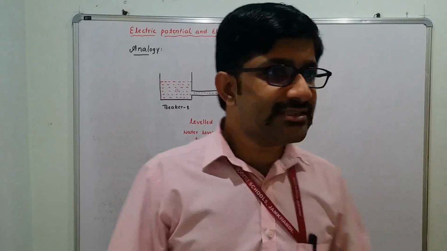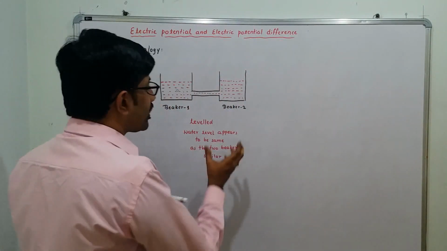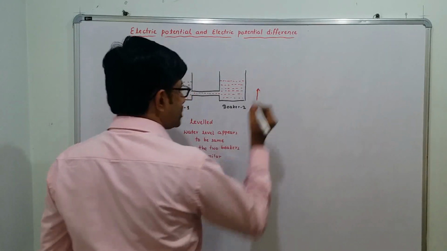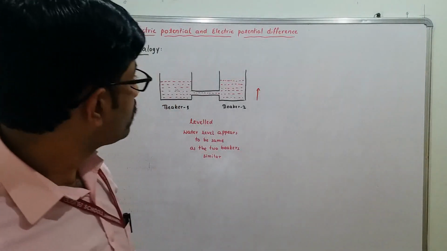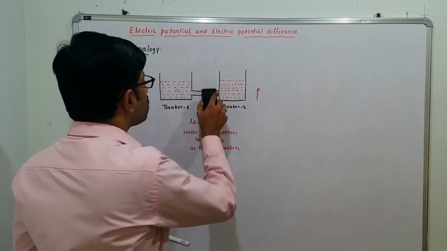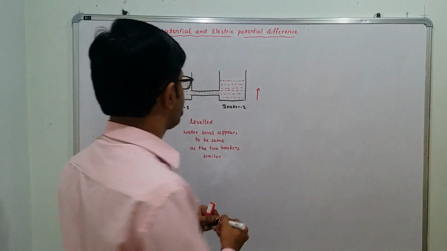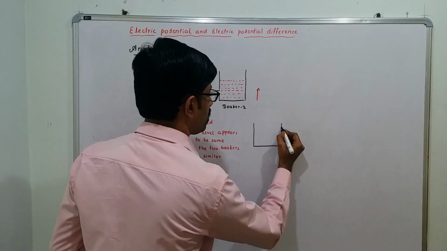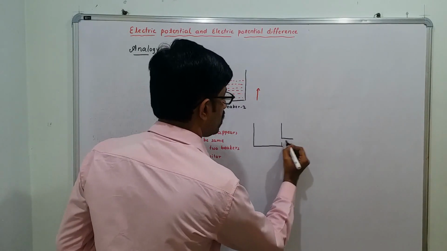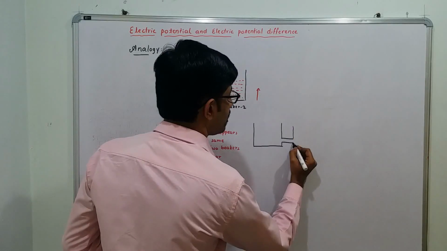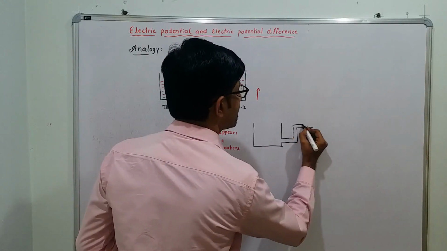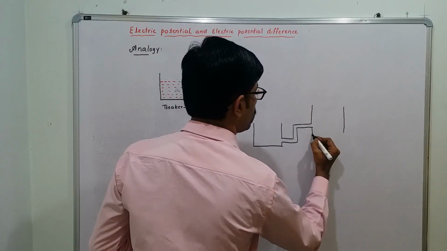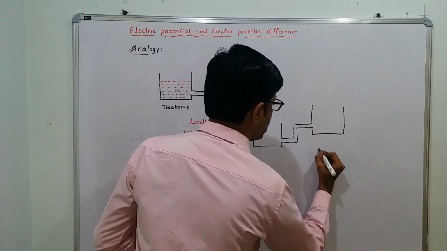Now let us make beaker 2 rise upwards like this. We are lifting beaker number 2 to a certain height from the base.